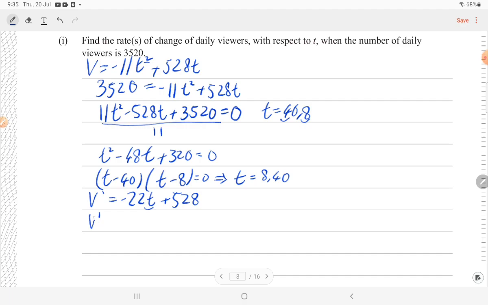So V dash of 8 is equal to negative 22 times 8 plus 528, which is equal to 352, or V dash of 40 is equal to negative 22 times 40 plus 528, which is equal to negative 352.